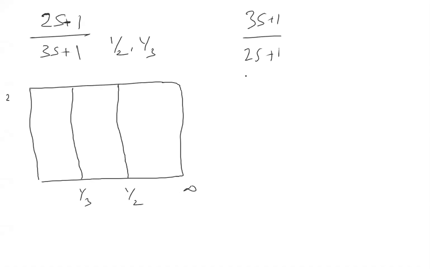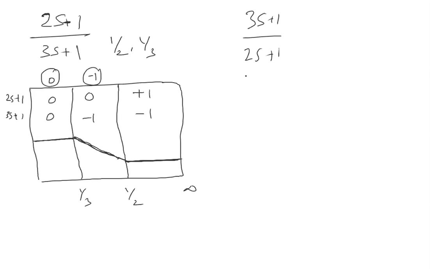Now, 2s plus 1, 3s plus 1. 2s plus 1: 0, 0, plus 1 slope here. 3s plus 1: 0, minus 1, minus 1. So when I plot the overall, the overall slope is 0, then minus 1, and then 0. What is overall? 0, minus 1, 0.